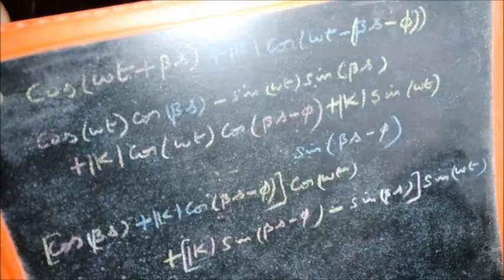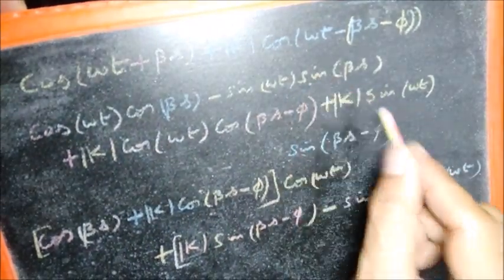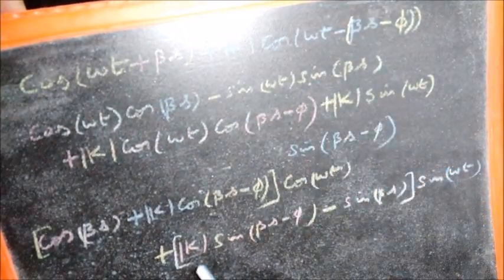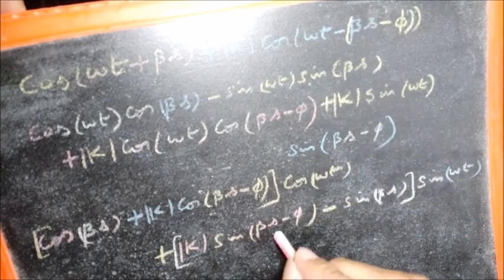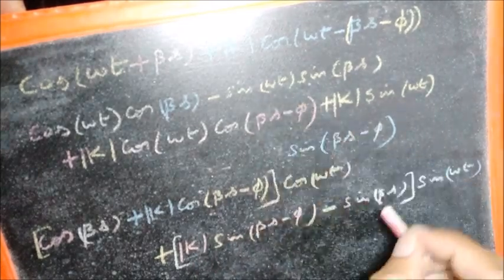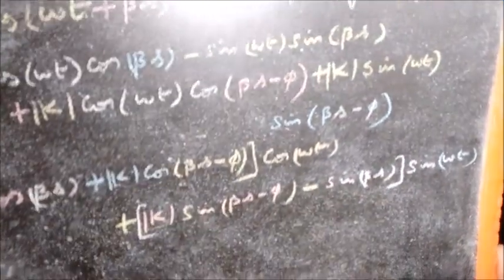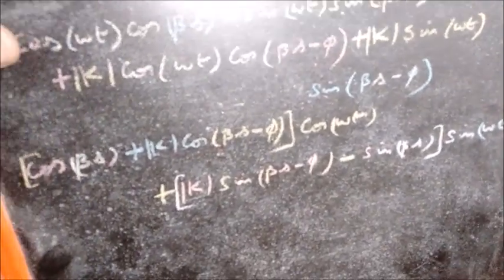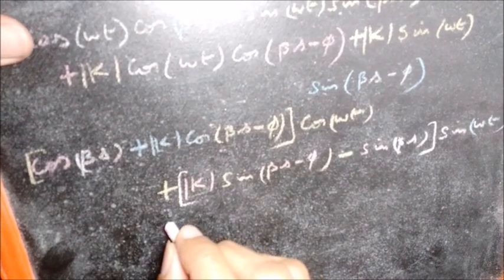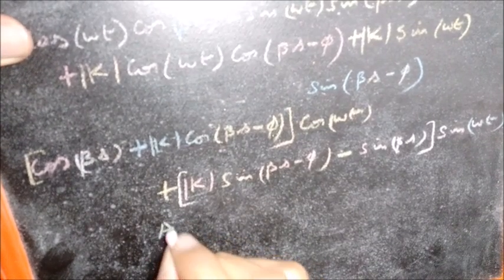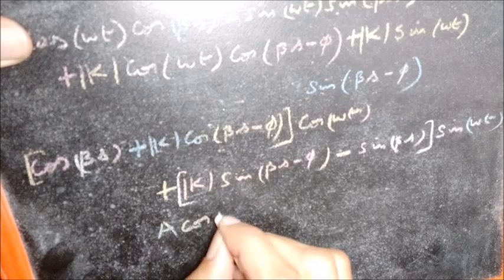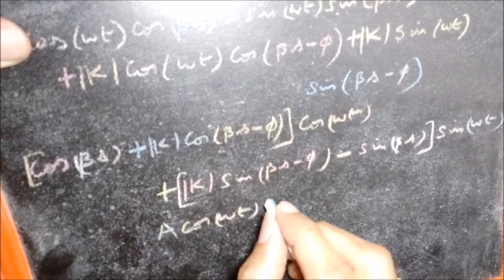And later from these two we take sin omega t as a common factor, and we end up getting k sin(beta s minus phi) minus sin beta s, times sin omega t. Now, having obtained this, we can use this identity, which I am sure you are familiar with.